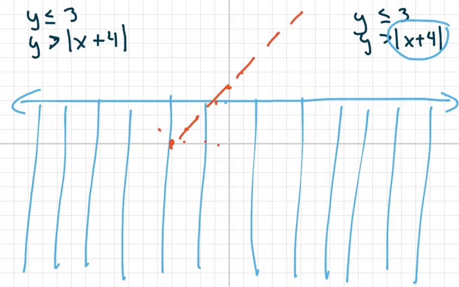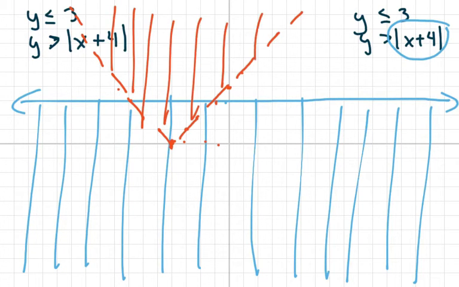And let me do some more, make sure I draw this right. All right. And it says greater than, so from here I'm shading up. Shading up. And the only crossing area is right in here. So this is your solution set right in there.